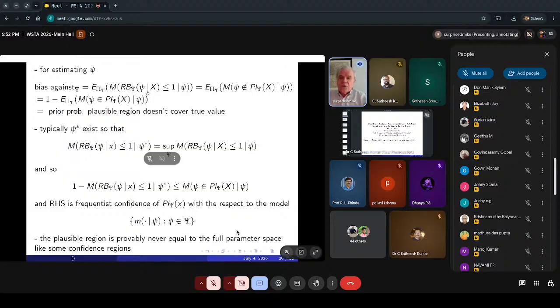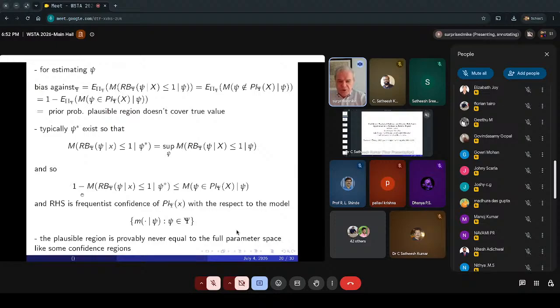Now, there's an interesting thing that happens here. The probability that the relative belief ratio is less than or equal to 1, averaged, is the same as the probability that psi, when it's true, is not in the plausible region, which I can write as 1 minus the probability that it's in the plausible region. So these equalities hold. This is the prior probability that the plausible region doesn't cover the true value. In virtually every application that I've looked at, if you look at this probability as a function of psi, there's a value psi star that maximizes it.